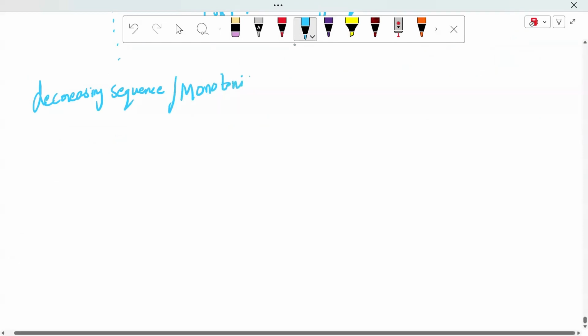Monotonically decreasing sequence or strictly decreasing sequence.